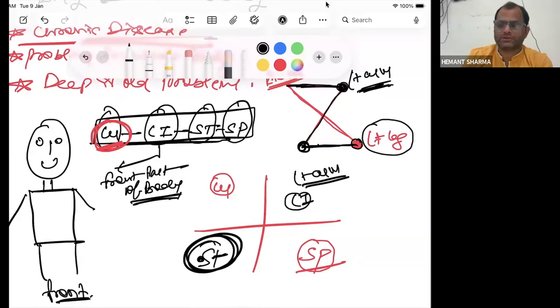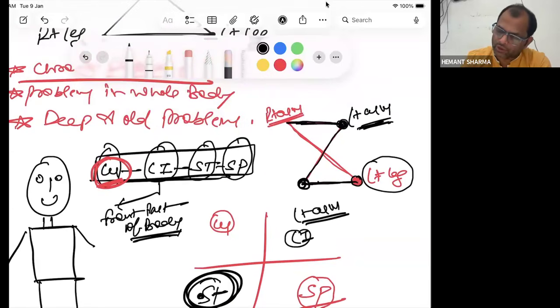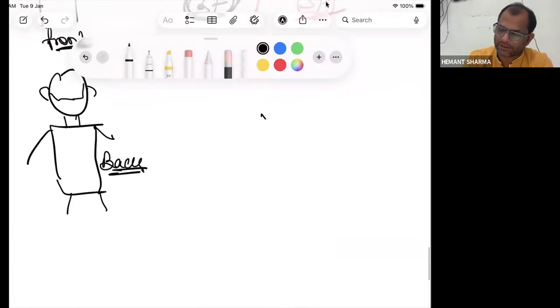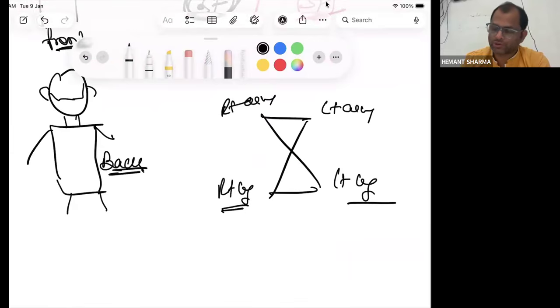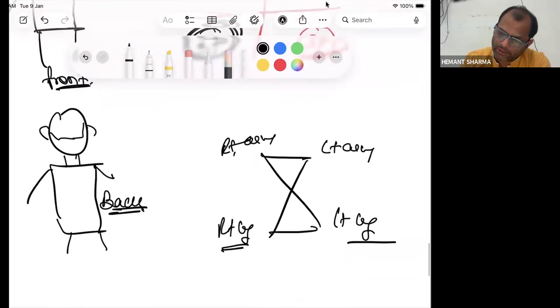So in this way, we can see in the cross system, there is no connection between the right arm and the right leg. In the left arm and the left leg, there is no connection. Here we have lung and here we have stomach.